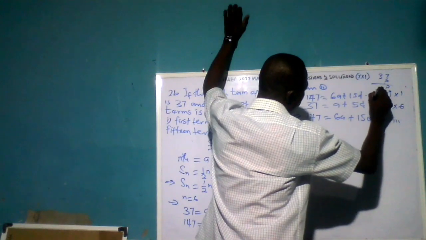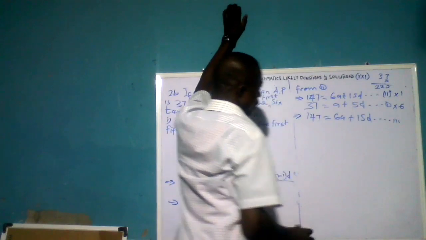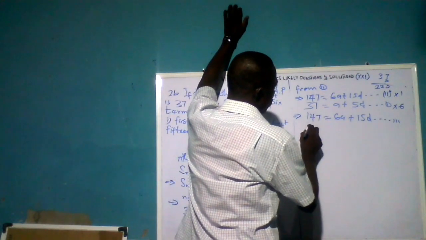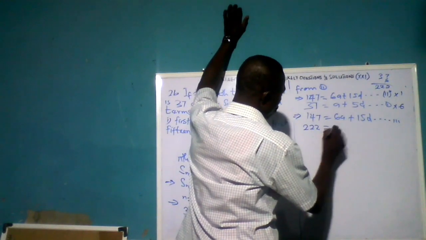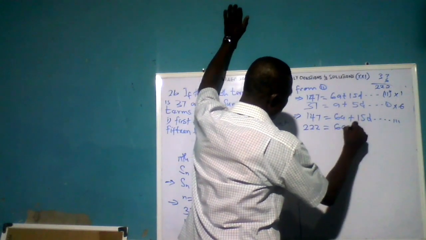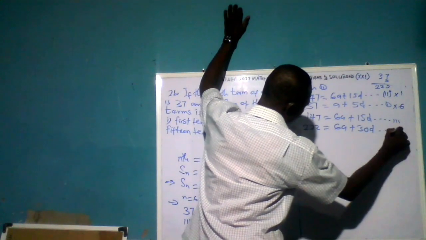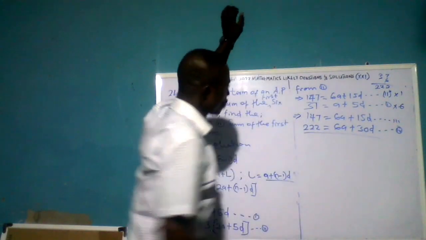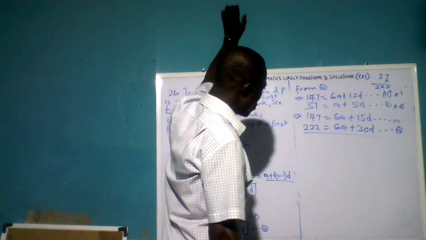So you have 222 equal to 6a plus 30d. Call this equation 4. Subtract equation 3 from equation 4.